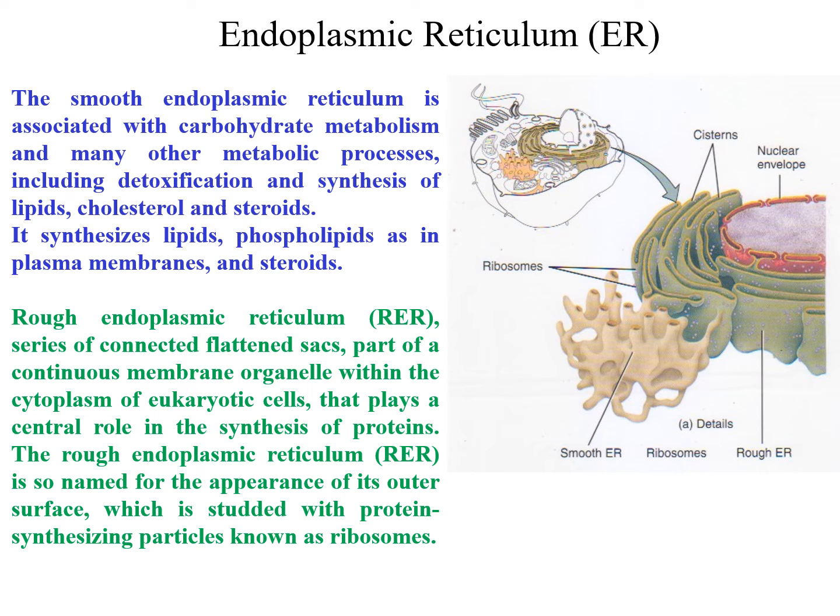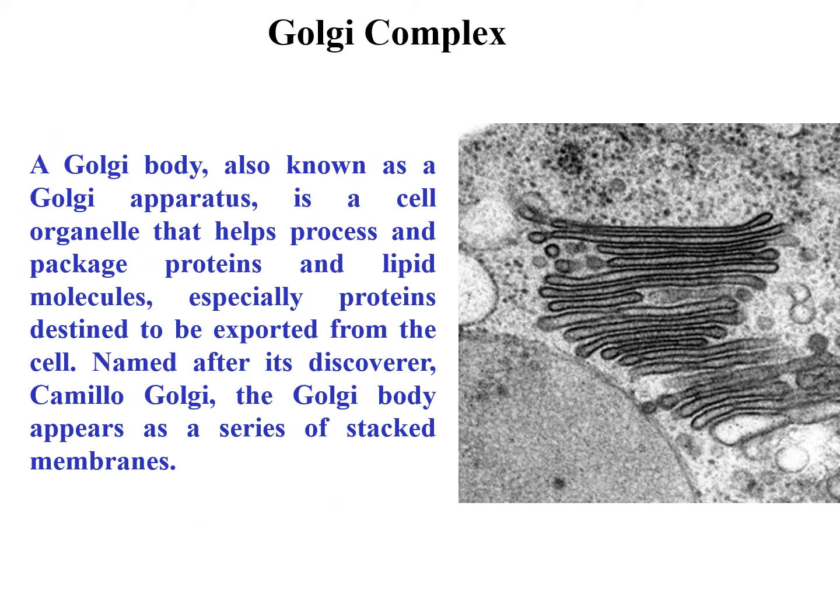It also detoxifies and synthesizes lipids, cholesterol and steroids. The rough ER consists of flattened sacs, part of the continuous membrane within the cytoplasm of the eukaryotic cell. It plays a central role in protein synthesis, and its outer surface is studded with protein-synthesizing particles known as ribosomes.